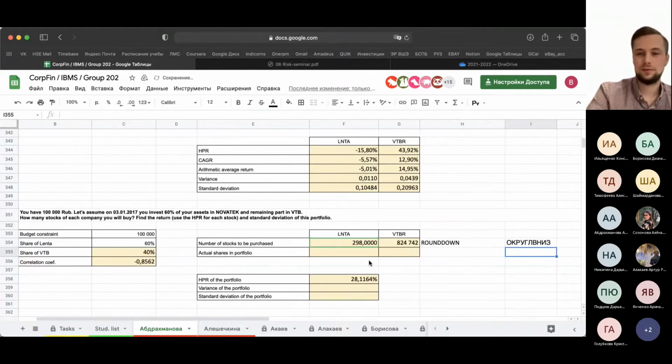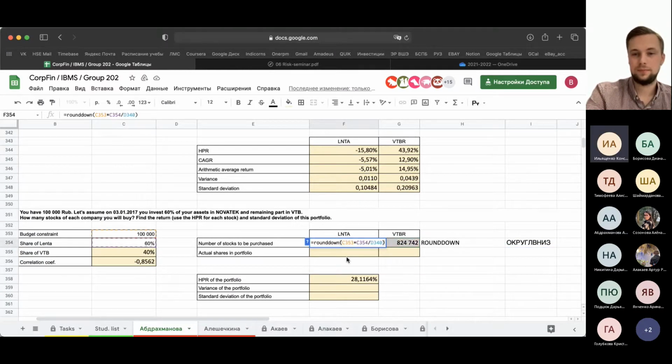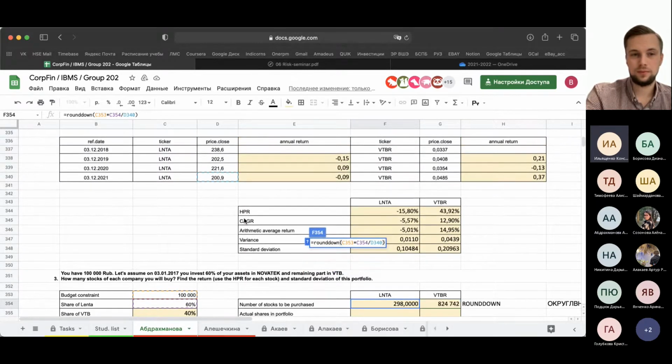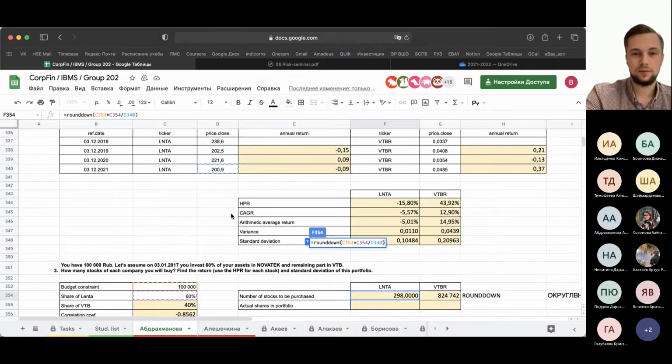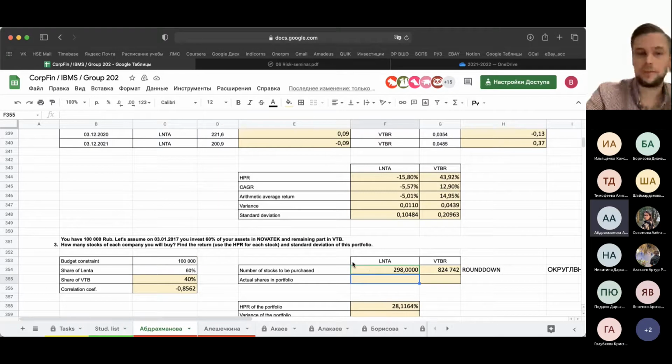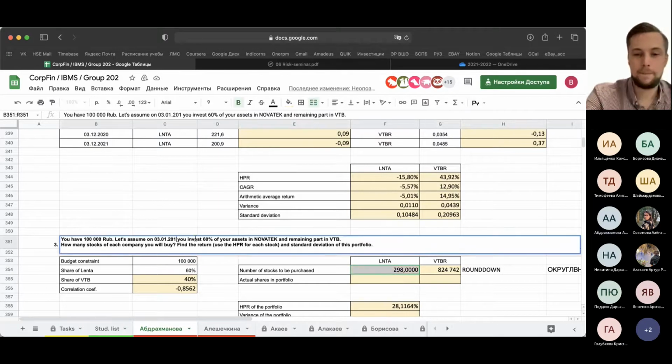Excuse me, but what price do we take to calculate the number of stocks to be purchased? We should take the first price. That's also correct, because we are purchasing in the beginning of the period.